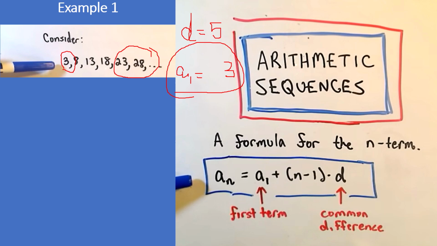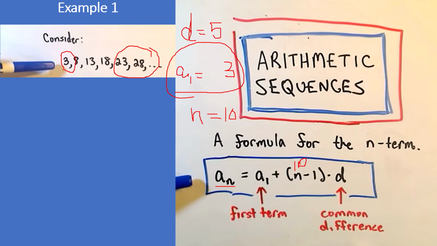All right, now let's plug that in, but we don't know what we're looking for yet. So I have to tell you, if I'm looking for the 10th term, then n would be 10. To find the 10th term, I'm going to plug in 10 everywhere I have an n, so 10 goes here. And this is going to be A sub 10 right here, so the 10th term.